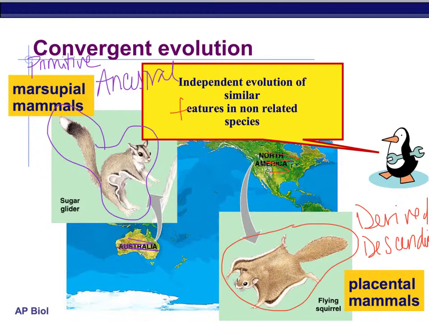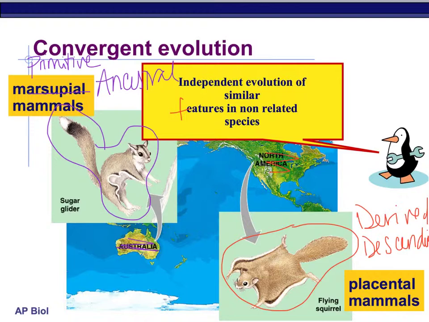So marsupials are so called because while they do give birth to live young, their babies finish their development inside of their mother's pouch. They have a pouch on the outside of their bodies. So about 3 to 4 months before the baby is full term, it will literally crawl out of her uterus, kind of gross, and into her pouch and do the rest of its developing at that location.